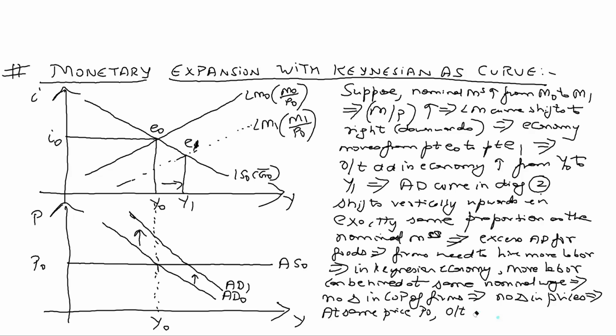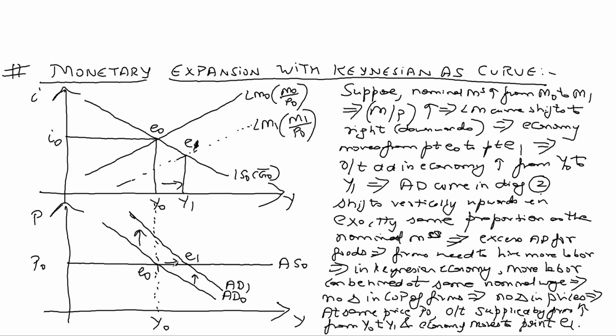I hope all students are able to understand the short forms. Output supplied by the firms increases from Y0 to Y1, and the economy moves to the point E1.